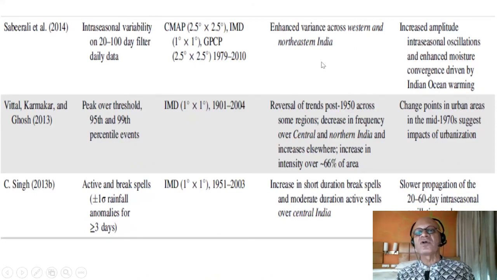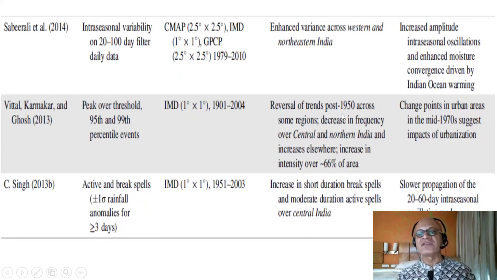Enhanced variance across western and northeastern India, increased amplitude of intraseasonal oscillations, and enhanced moisture convergence driven by Indian Ocean warming. So that's identifying slightly different points and relating to Indian Ocean warming as opposed to just local processes.